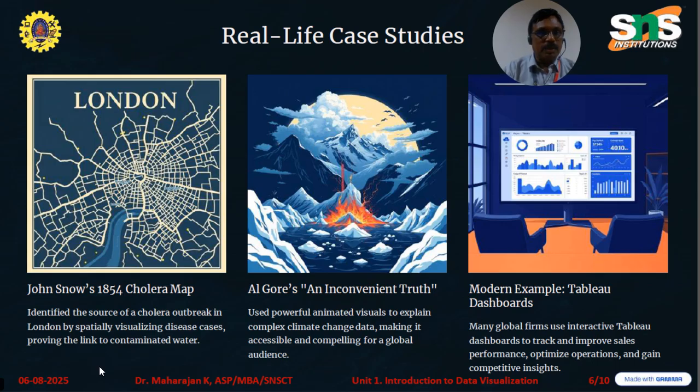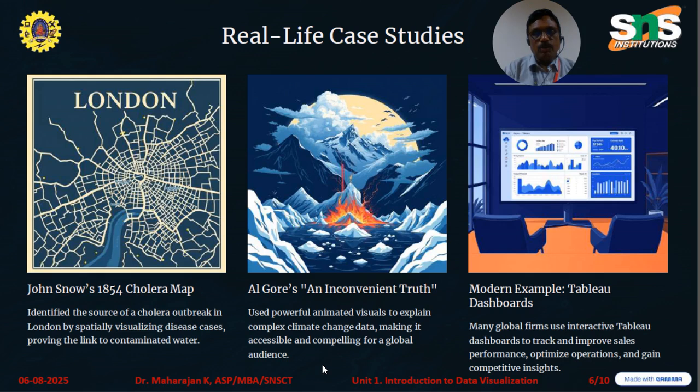The analysis of data represented as a map provided vital links to contaminated water, and thereby the cholera outbreak was controlled. So data visualization is able to give us such insights. It's actually a boon for humanity.